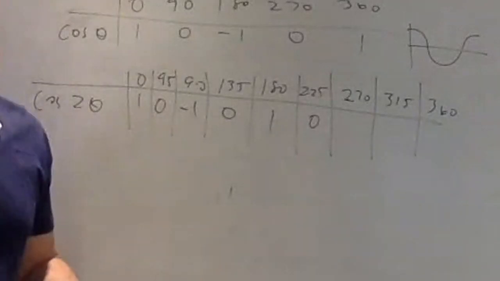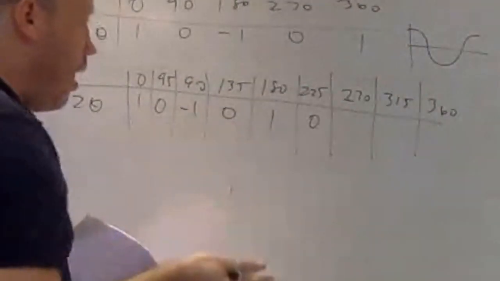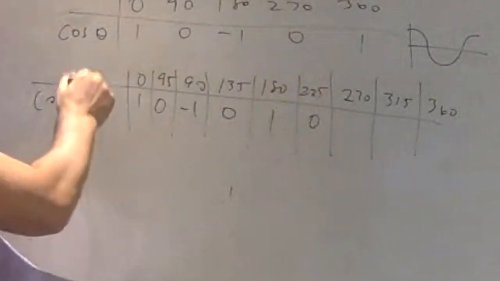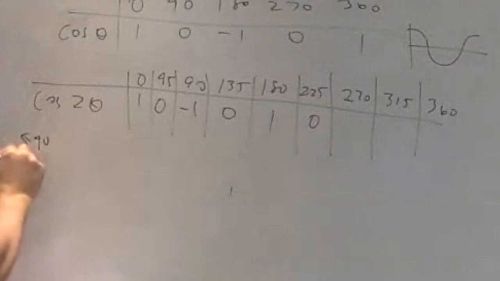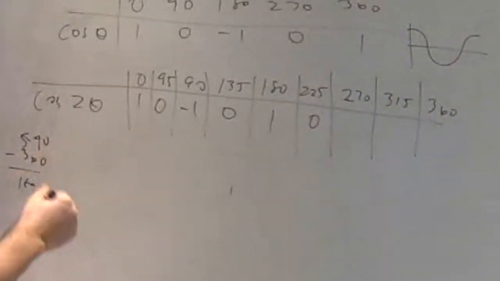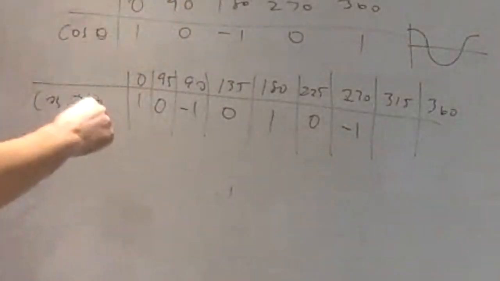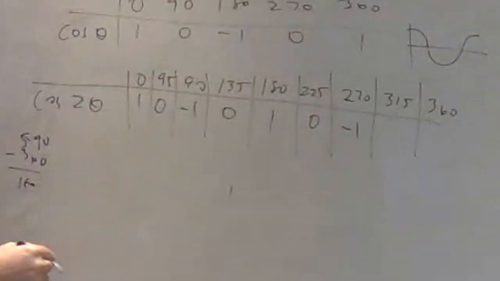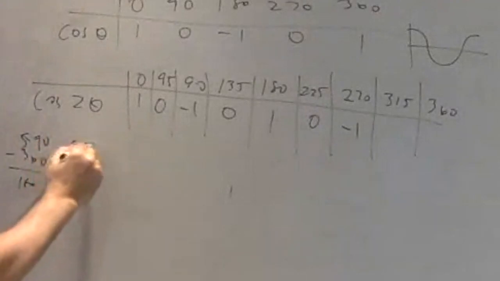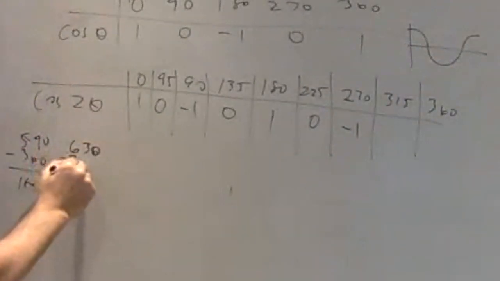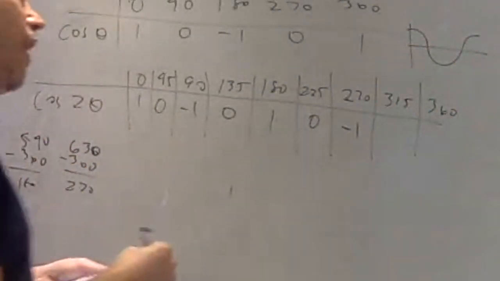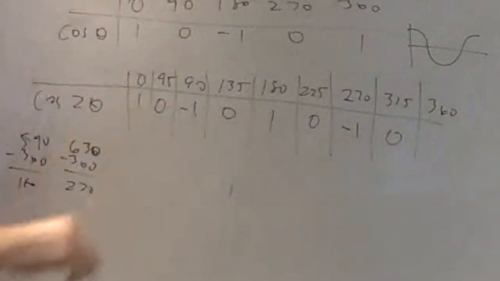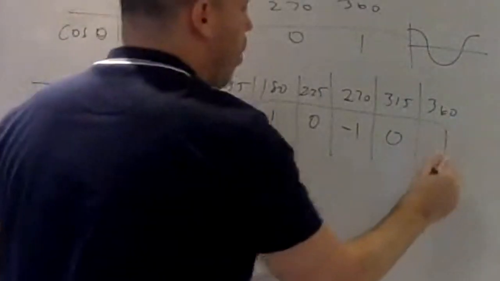Because 450 minus 360 is 90, so it's the same place. 270 times 2 is 540, and 540 minus 360 is 180. Well, the cosine of 180 is negative 1. 315 times 2 is 630. 630 minus 360 is like 270, and that's 0. And 360 times 2 is 720, and that takes us back to 1.